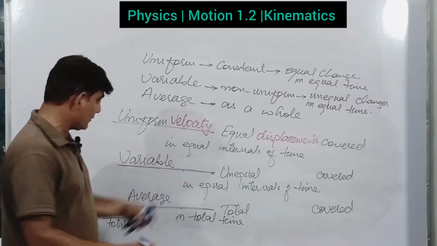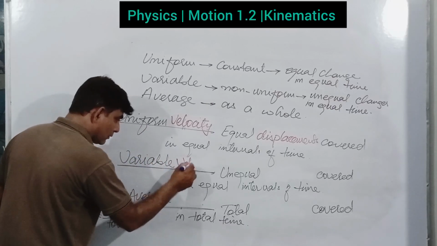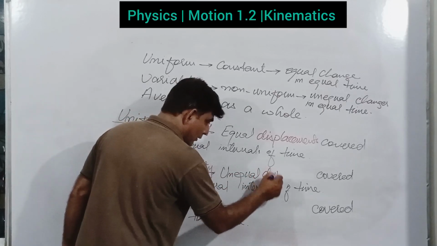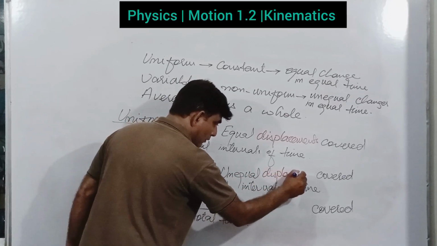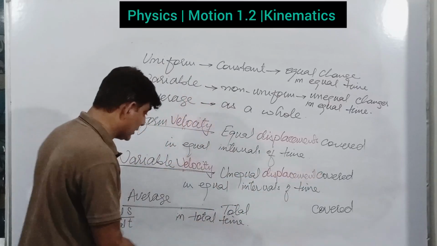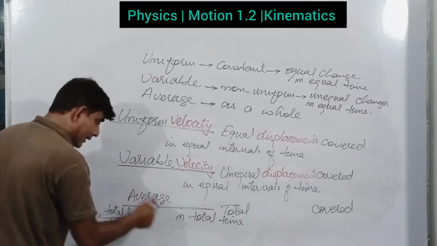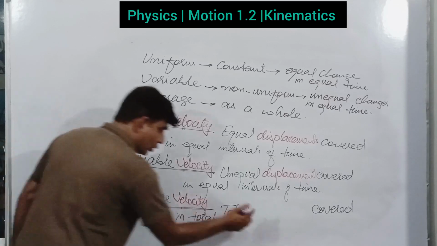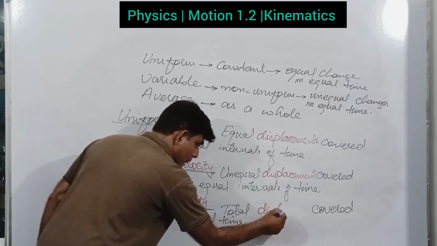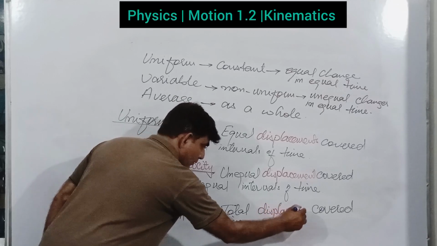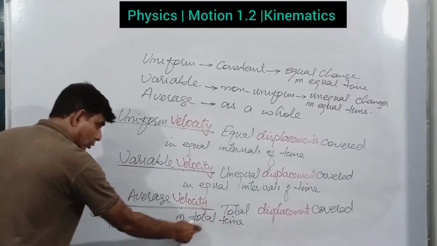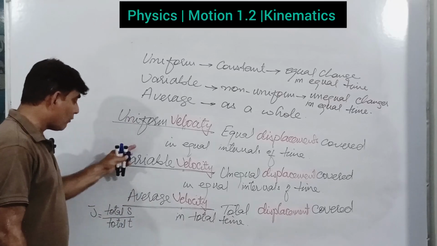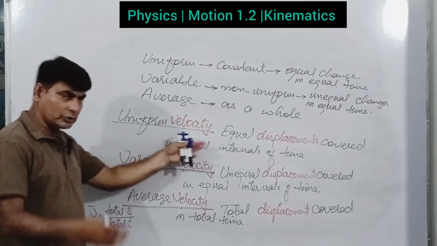This is uniform velocity. Variable velocity: unequal displacement covered in equal interval of time. Average velocity: total displacement covered in total interval of time. So if you know about uniform, variable, average, you can define velocity as well.